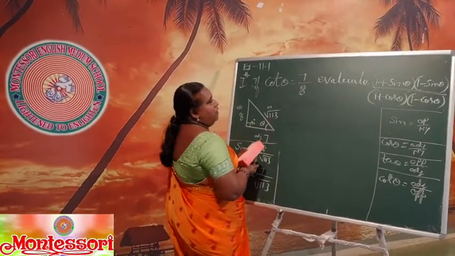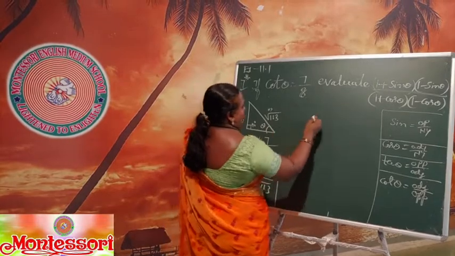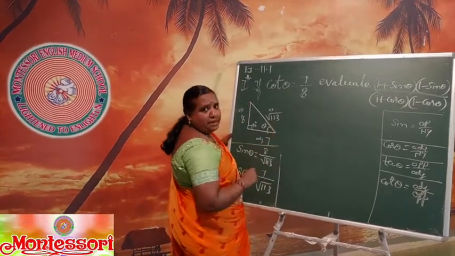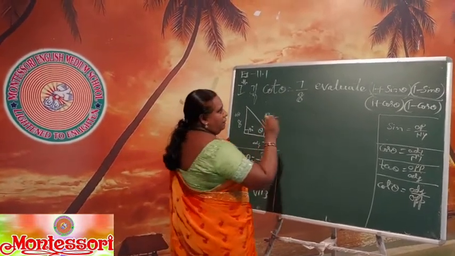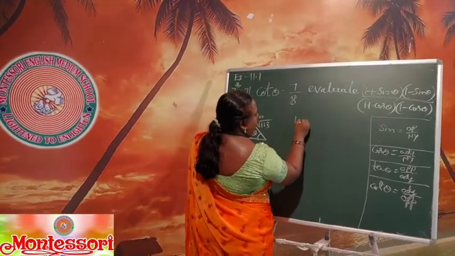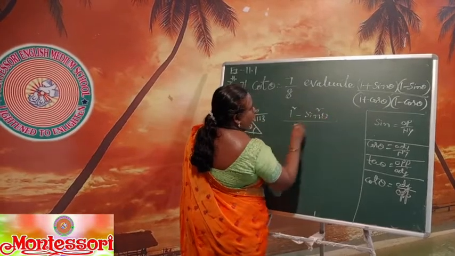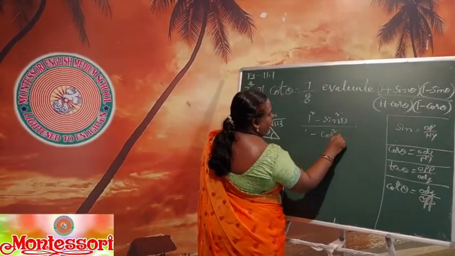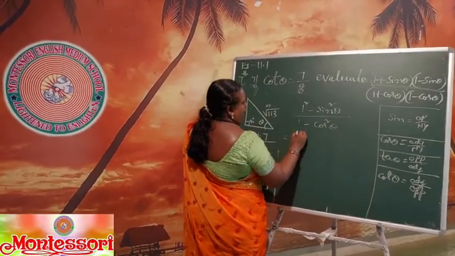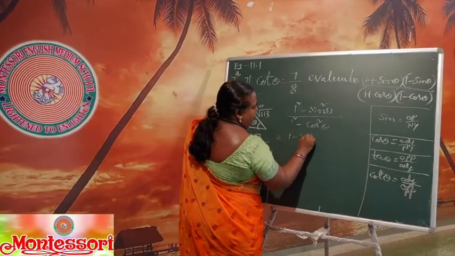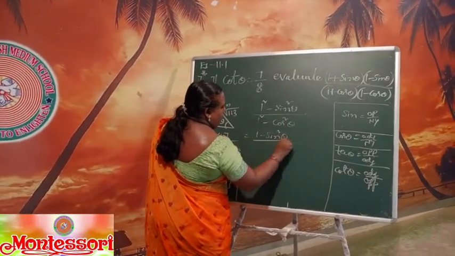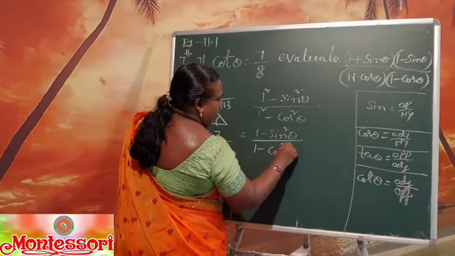See the sum. (1 plus sin theta)(1 minus sin theta). Substitute these values there. Any method you can follow. Suppose if you write a square minus b square, 1 minus sin square theta by 1 minus cos square theta.